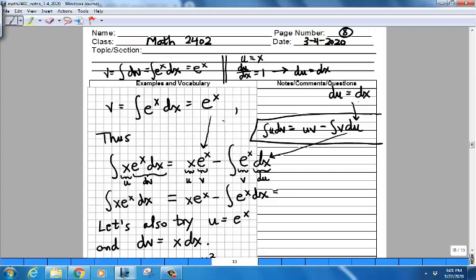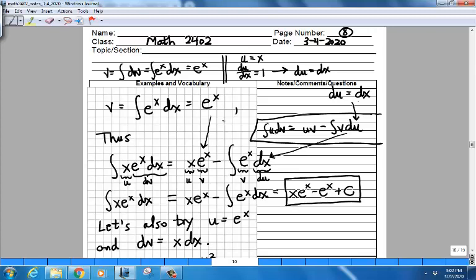What is the antiderivative of e to the x? We know that. That is just e to the x. So there you've got it. Don't forget to add on your arbitrary constant. There's the answer to the original problem.